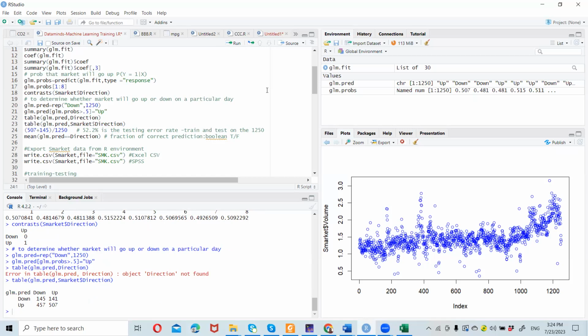Now we can see that if you don't acknowledge the Smarket, because it's inside Smarket, that's why we're able to now produce the confusion table, or the matrix. So we can see the probability of going up, and down, and what the matrix looks like. Now, we want to obtain our error rate.